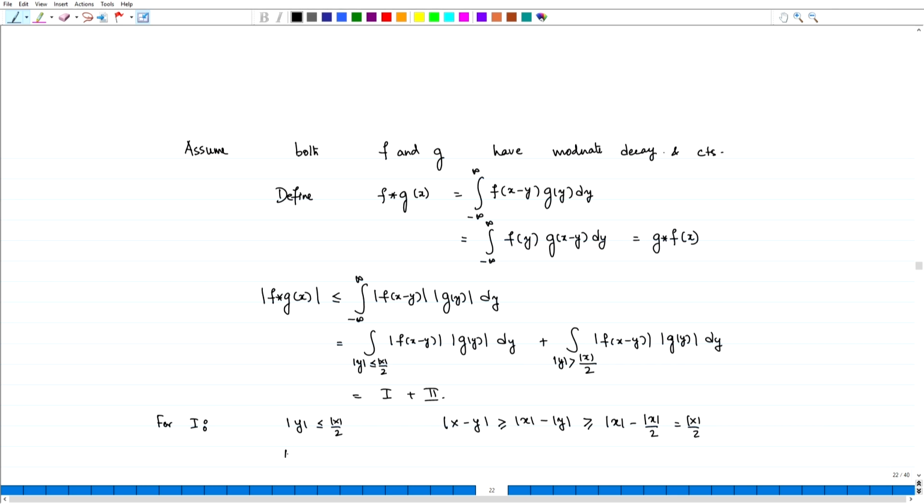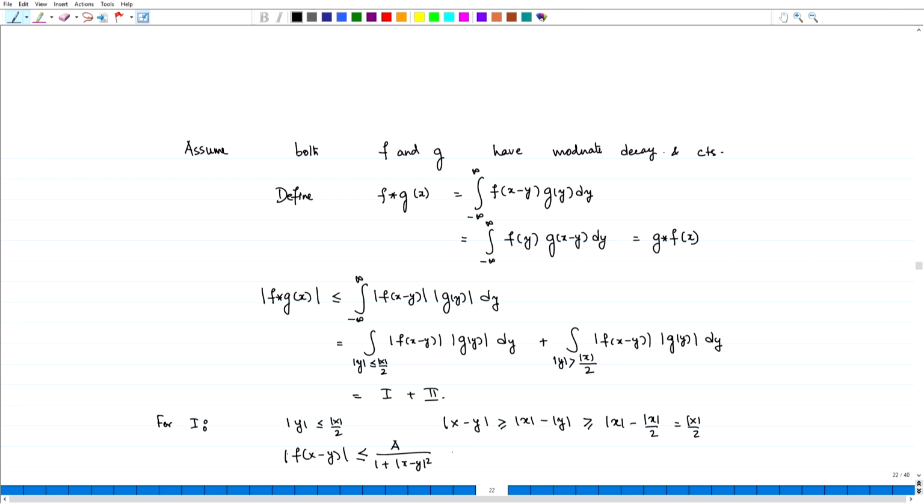Therefore, |f(x − y)| is less than or equal to A over |x − y|², as f has moderate decay. Now, |x − y| is greater than or equal to |x|/2.